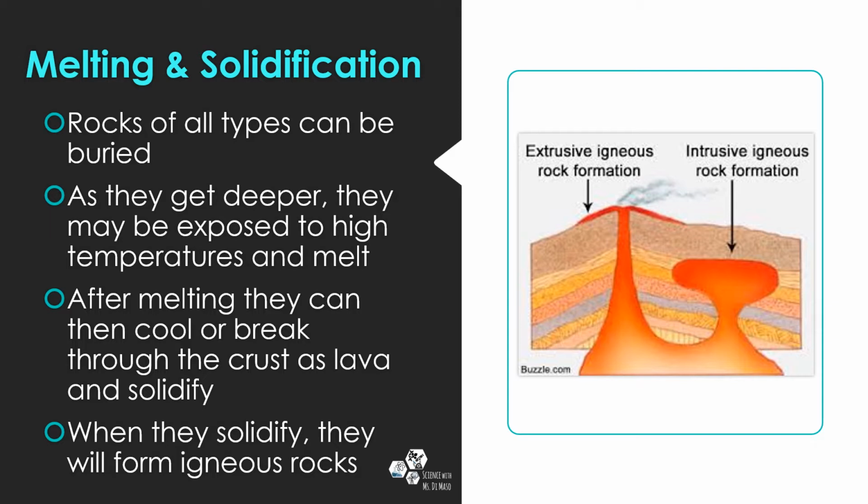And when they're buried, they will be exposed to high heat, and sometimes they'll melt. And then after they melt, they can cool through the processes that we talked about, and they can solidify to form new rock. When this happens, they'll form new igneous rocks.